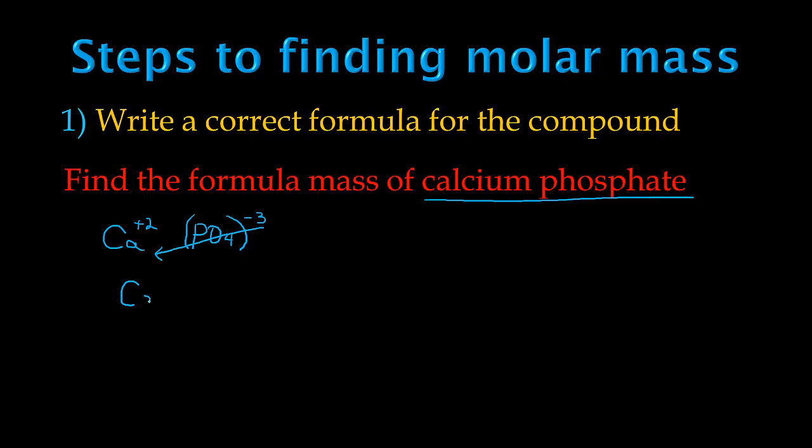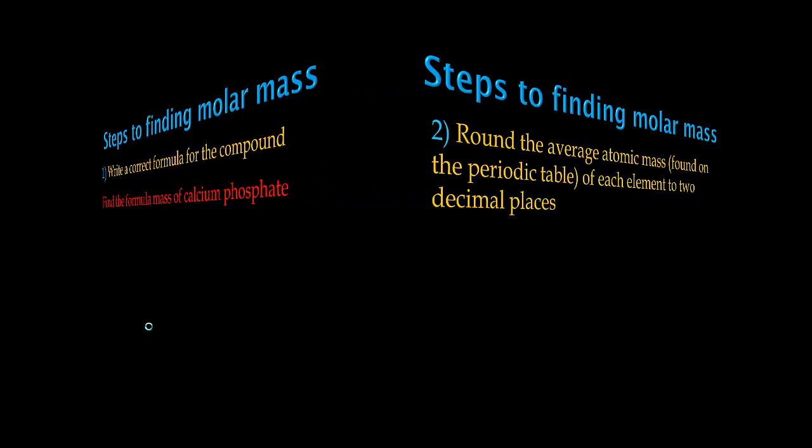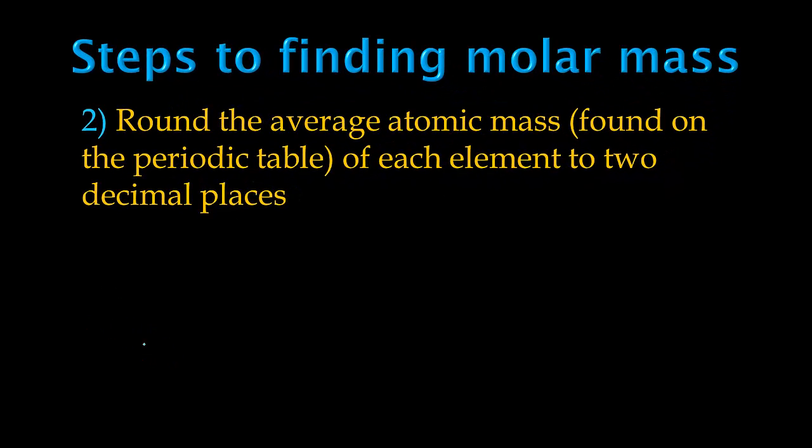So we have Ca3, and then that 2 goes down by the PO4. And since there's more than one, we have to put parentheses. So our formula for calcium phosphate is Ca3(PO4)2.